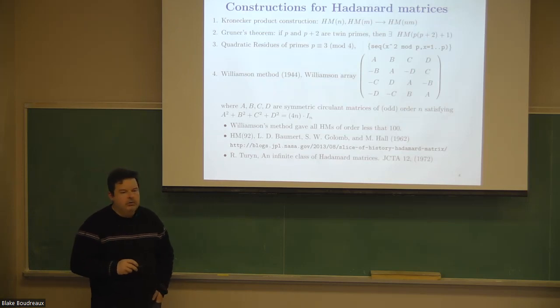Well, Hadamard was concerned with the maximum determinant problem. So he was looking at square matrices with plus and minus 1 elements, and he wanted to find the maximum determinant. And the maximum determinant is the famous Hadamard bound, n to the power n over 2 in absolute value, right?